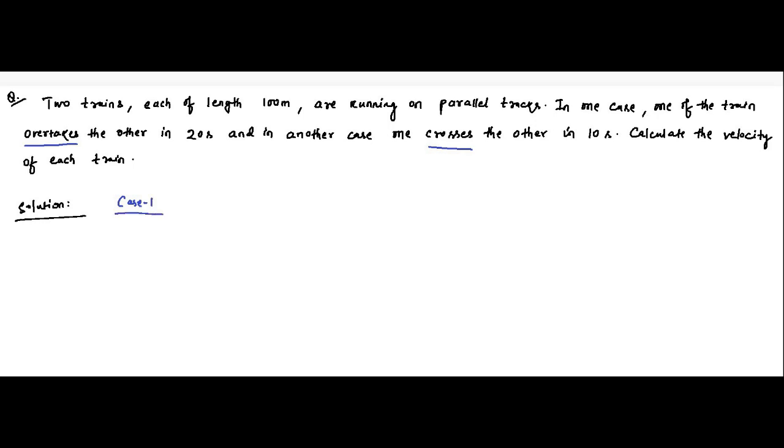The train is overtaking, it means let's say there are two trains. Let's say this is moving in this direction with velocity, let's say v.